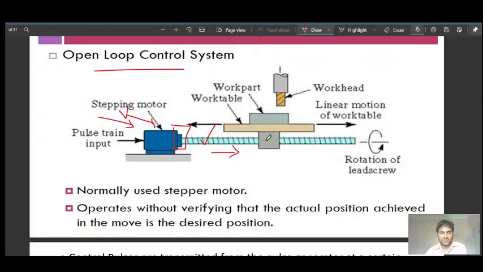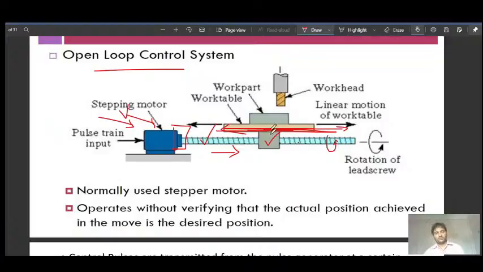As you can see, this table is mounted on the lead screw, so there is a relative motion. As the lead screw can only rotate in its place, only the table has to move, either in this direction or this direction.